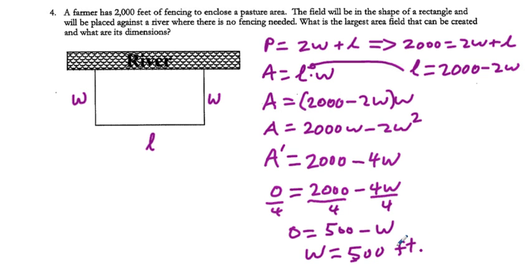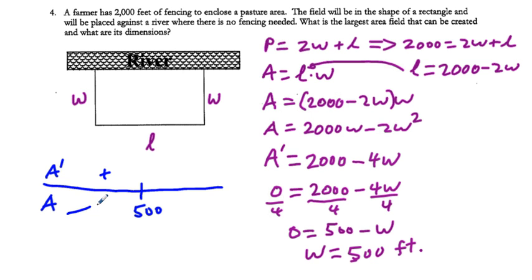All right. And now we can go check using our number line. So we have 500 for W, and we have area prime and below area. And using this equation here, if we pick a width of less than 500, say 400, 500 minus 400, that's a positive.